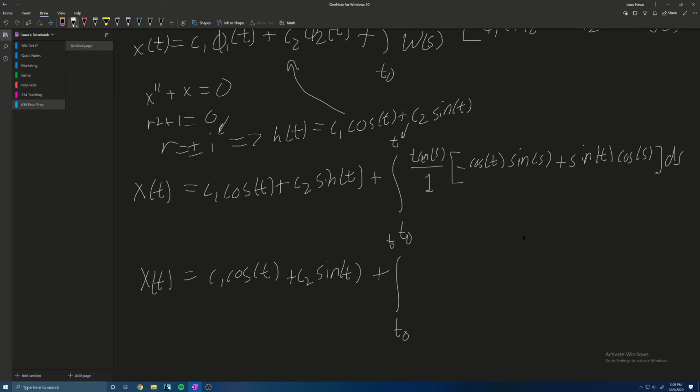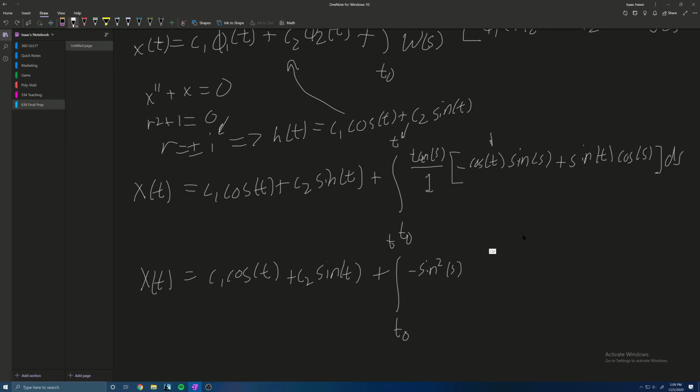Now we'll get, let's see here, so we distribute that. We get minus sine squared, minus sine squared. I'm just distributing this. The cosine cancels. Minus sine squared of s. Oh, you know what? Actually, I can't cancel that, right? Because this is a t, not an s.